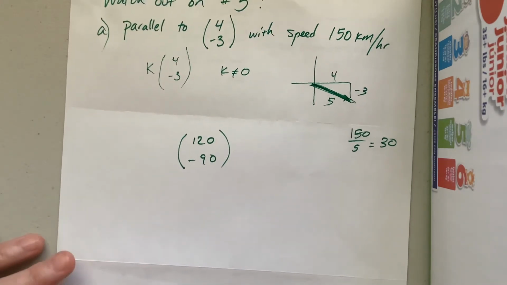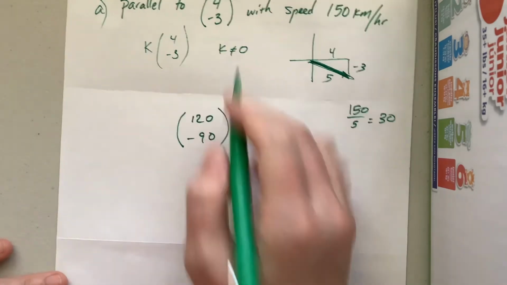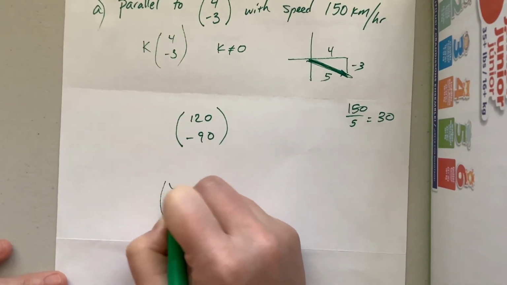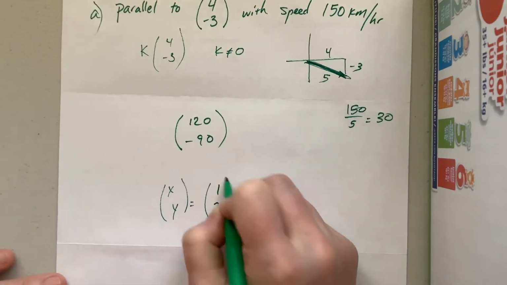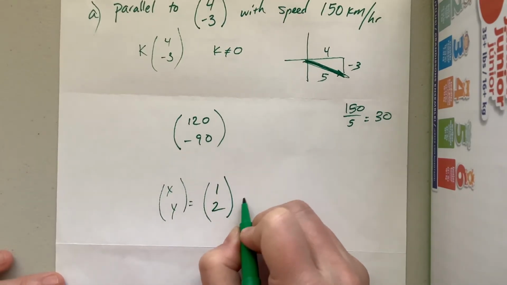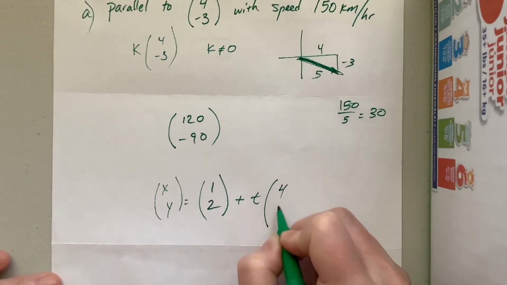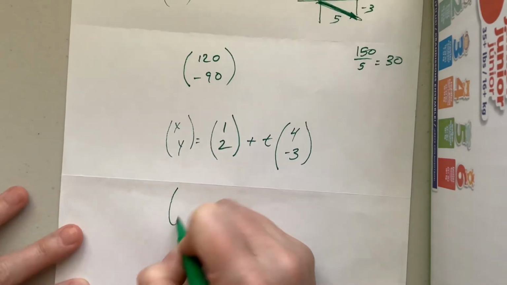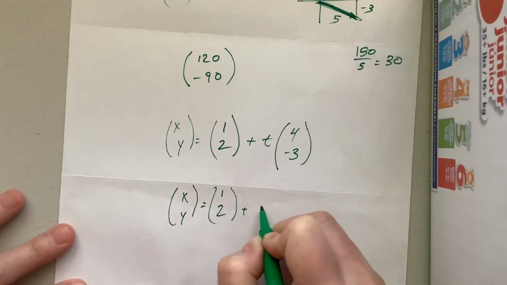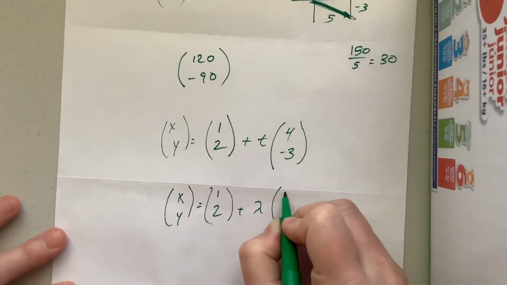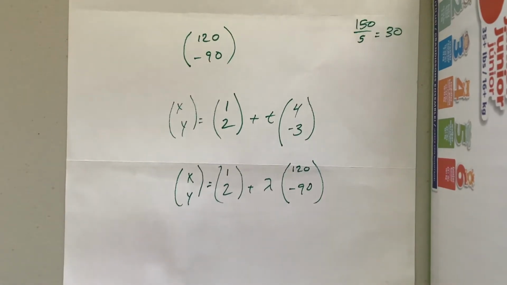So when you write the equation of a line, let's say that they started at the point 1, 2, and they wanted you to write the equation of this line. You can say, well, this line and this line, those are the same two lines, okay?